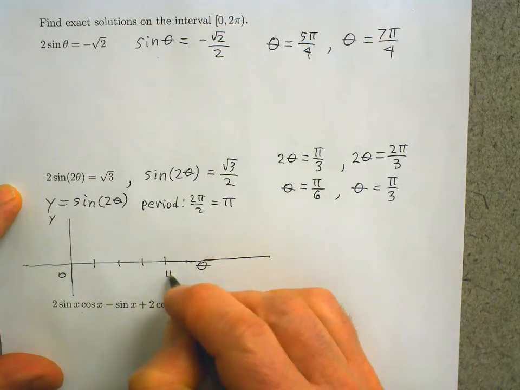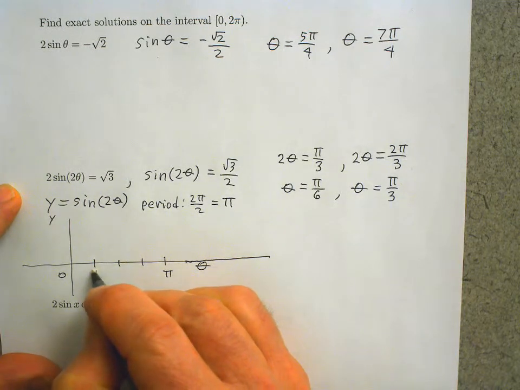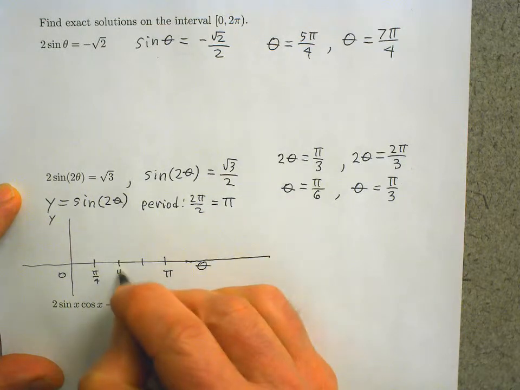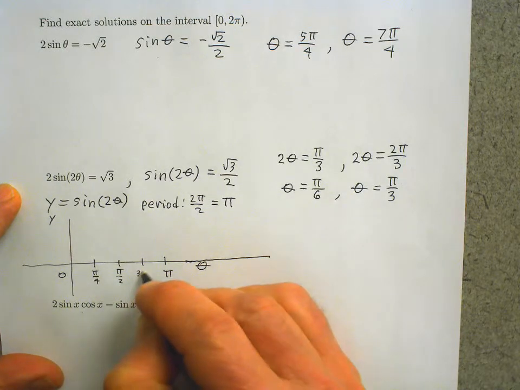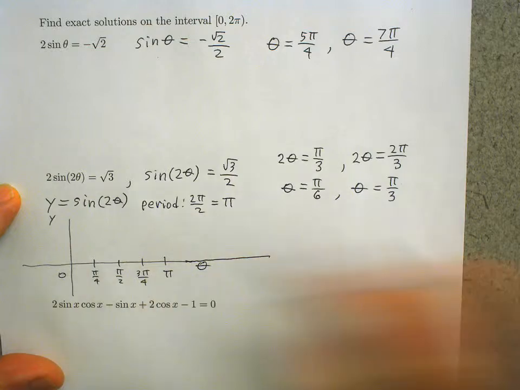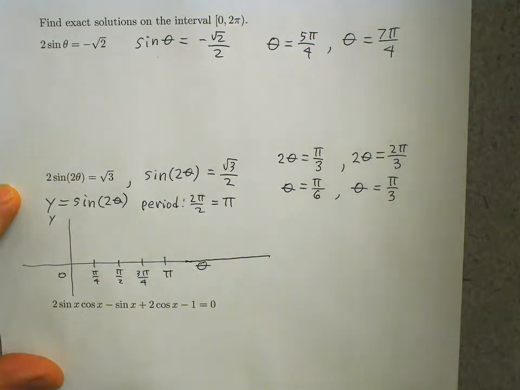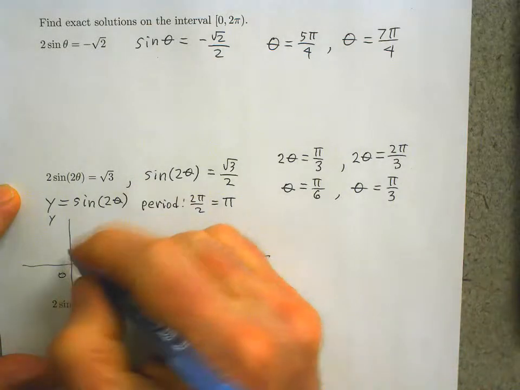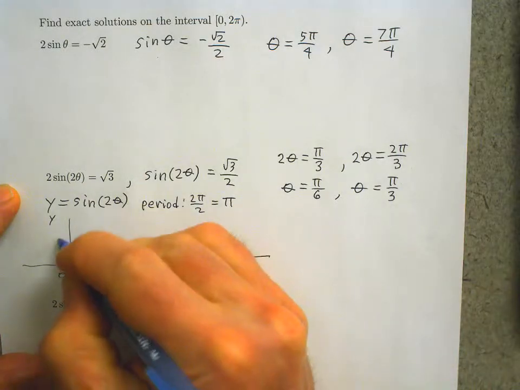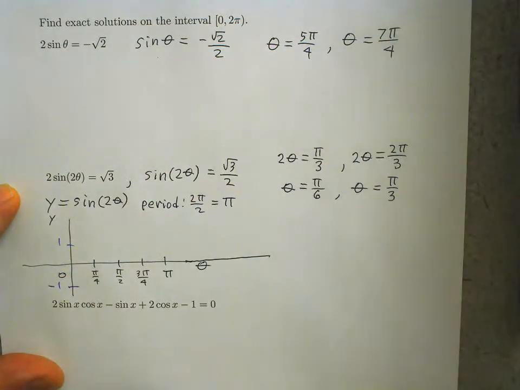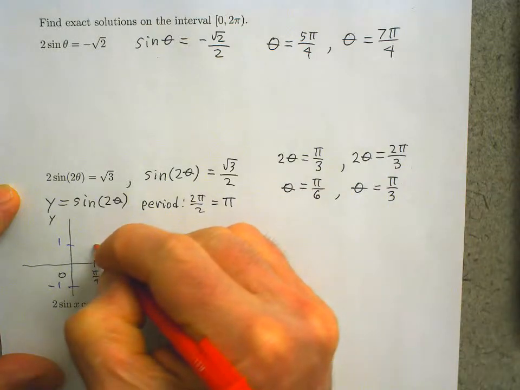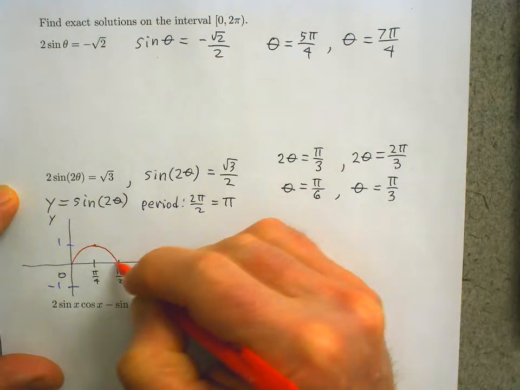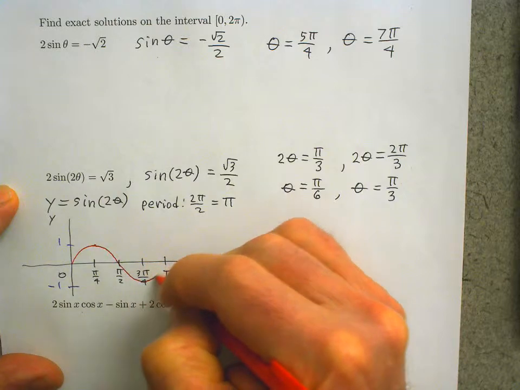So between 0 and pi, if we subdivide these to pi over 4, pi over 2, 3 pi over 4, and we'll sketch 1 period, something like that.